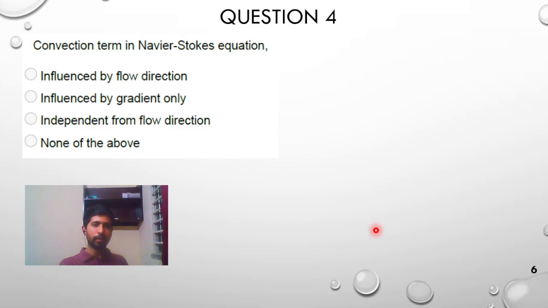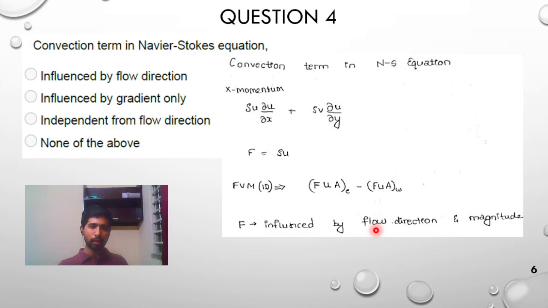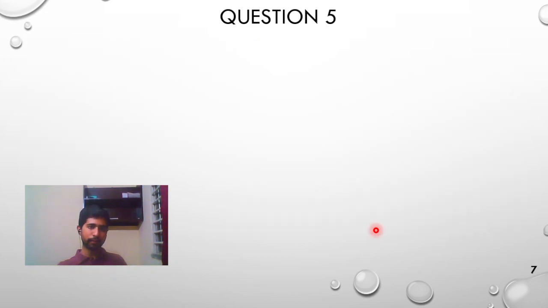Yeah, it is influenced by the flow direction as well as by flow magnitude. That is not there in the options, but it is influenced by both. Anyway, I have written that F is influenced by flow direction as well as flow magnitude. So that is what I was trying to tell here.